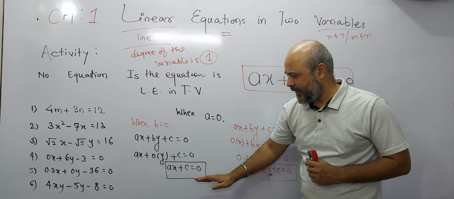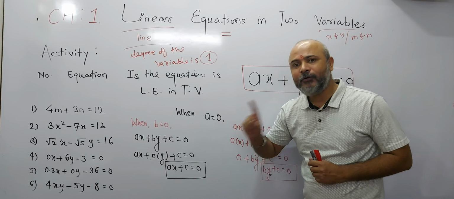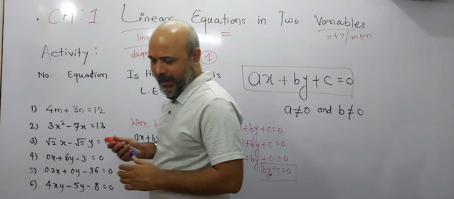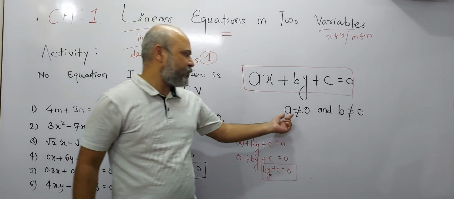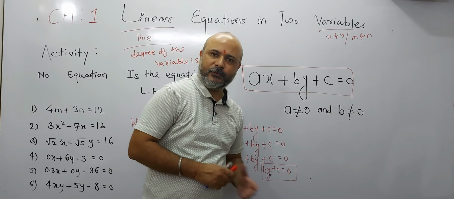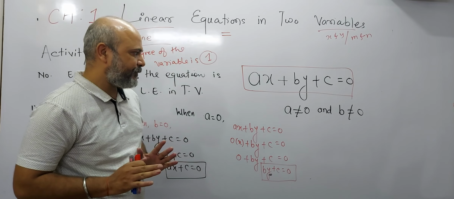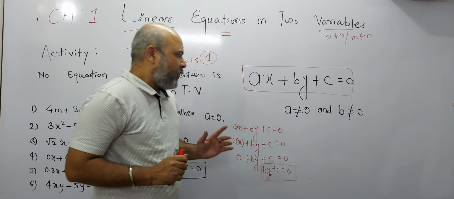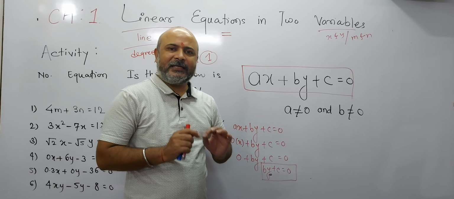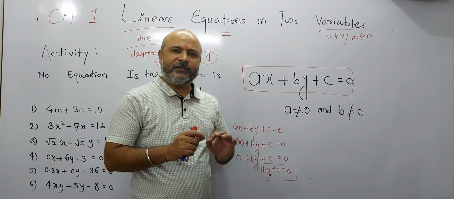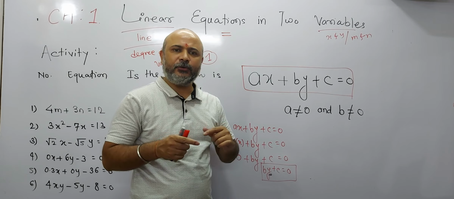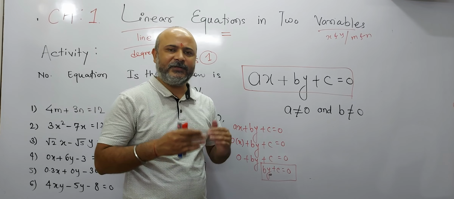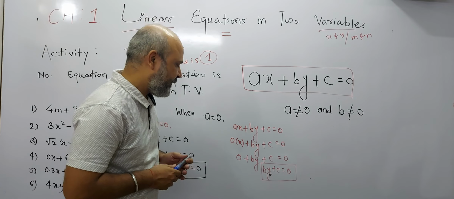So you can say that this is a linear equation in one variable, not two variables, and therefore we have the condition that a is not equal to 0 and b is not equal to 0. Students, from this, if a is 0, you can say that this is not a linear equation in two variables. If b is 0, then again you can say that the given equation is not a linear equation in two variables. Okay, students?